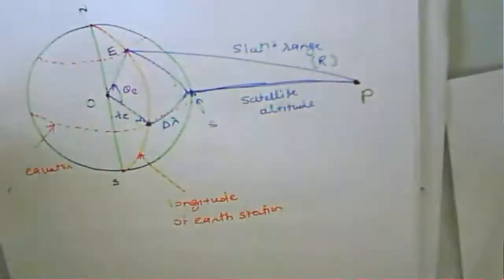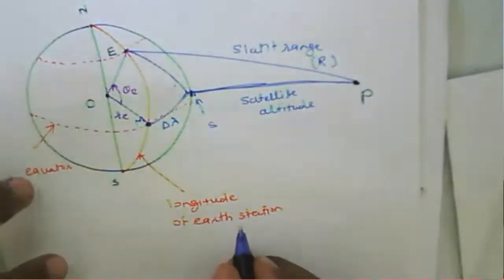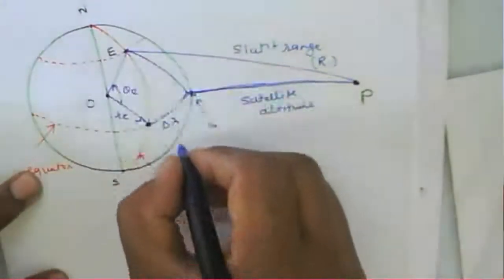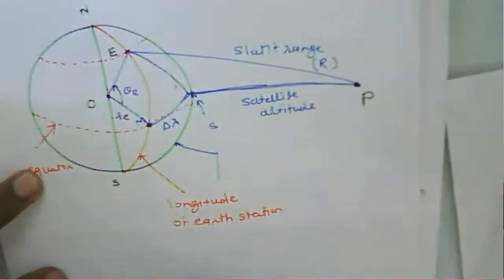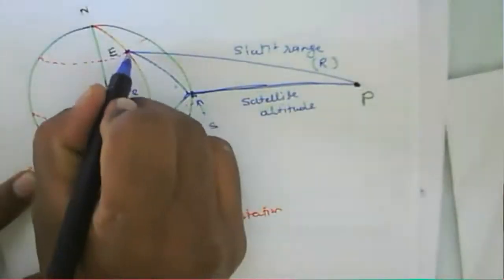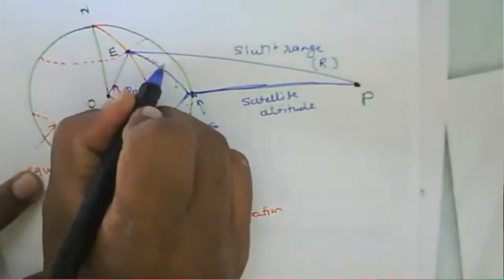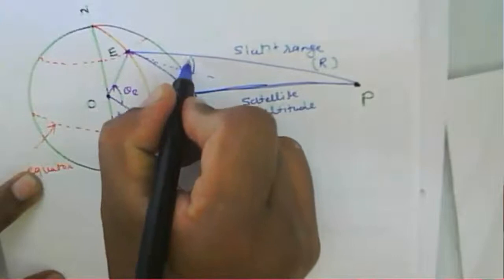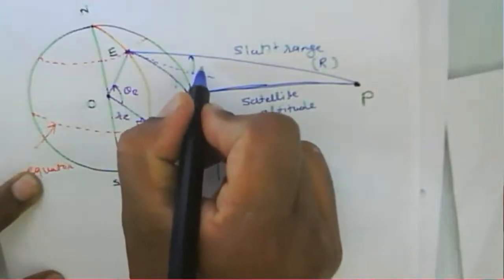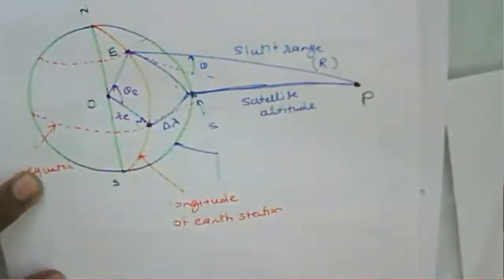It means we can have the equator plane, and this one is about a longitude. And in another case, if you consider, this again belongs to the longitude of the Earth station or the longitude of this given particular satellite there. And the line joining from this is about the horizontal, we can say that this theta is nothing but the angle of elevation there.